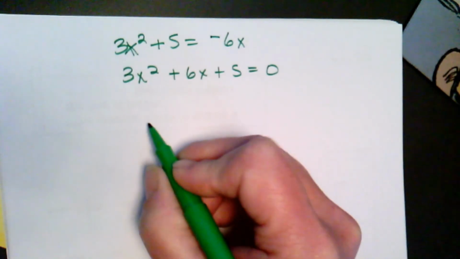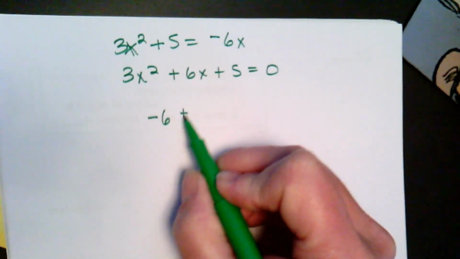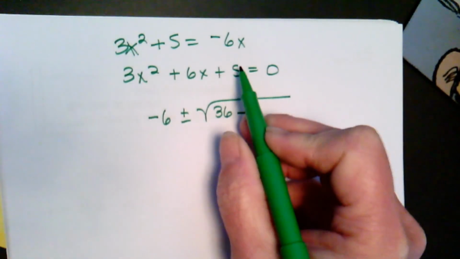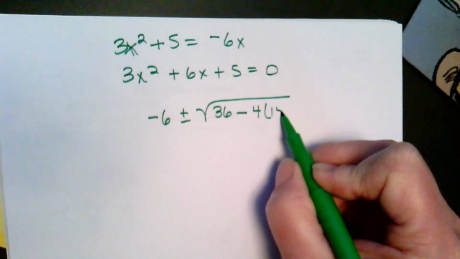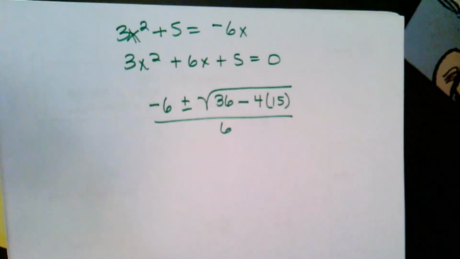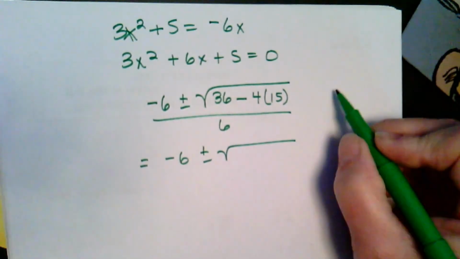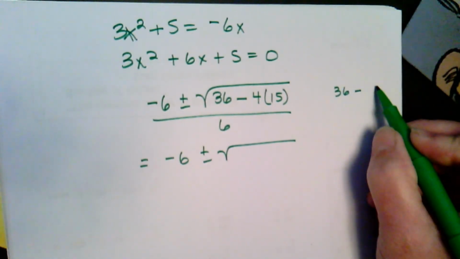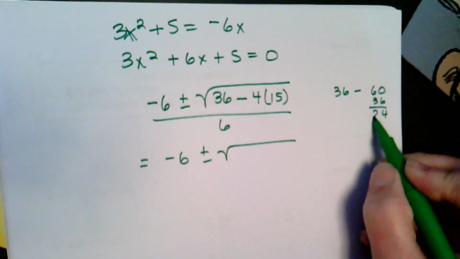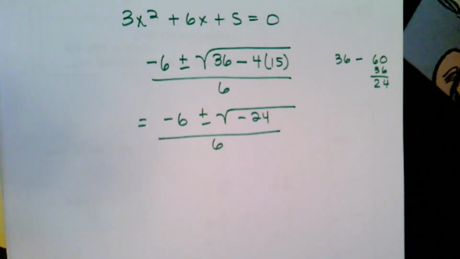Alright, so negative b plus or minus the square root of b squared minus 4 times ac, all over 2 times a. Simplify that even more. We're left with 36 take away 60, which is negative 24 all over 6.